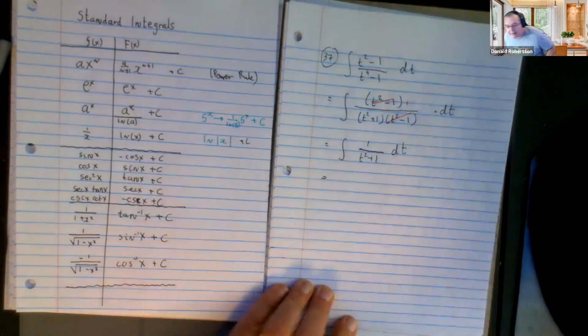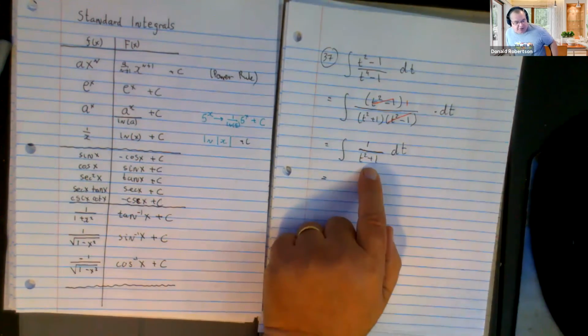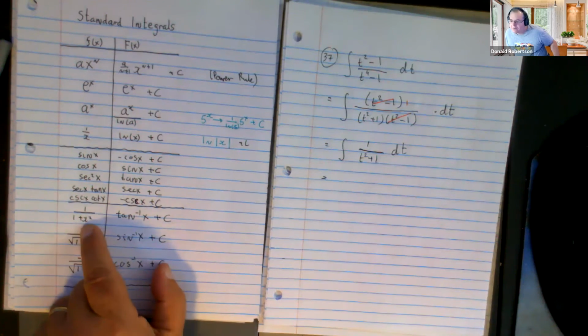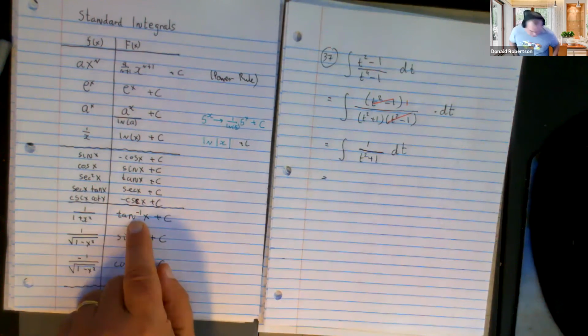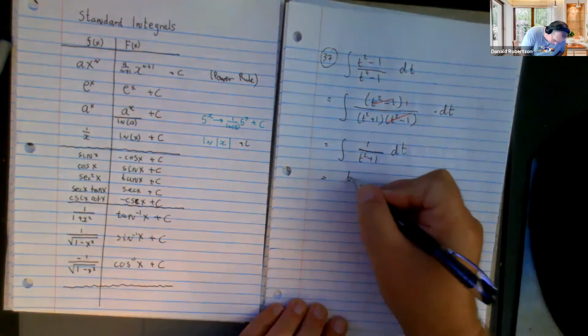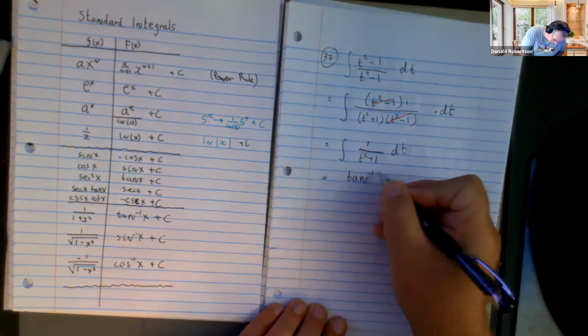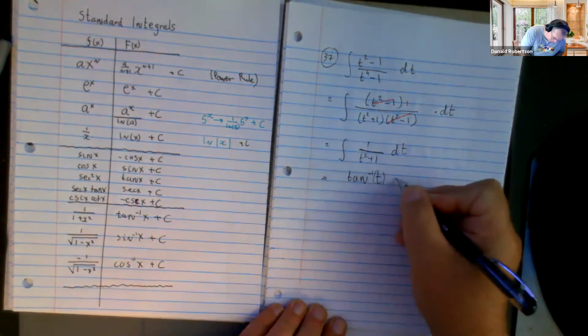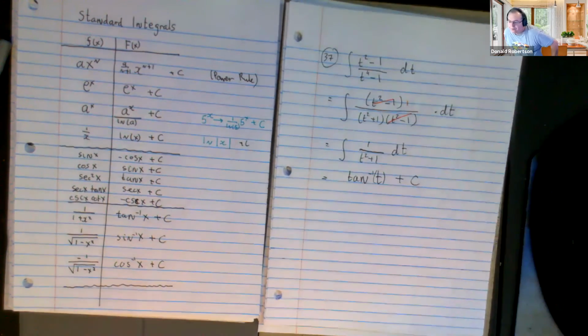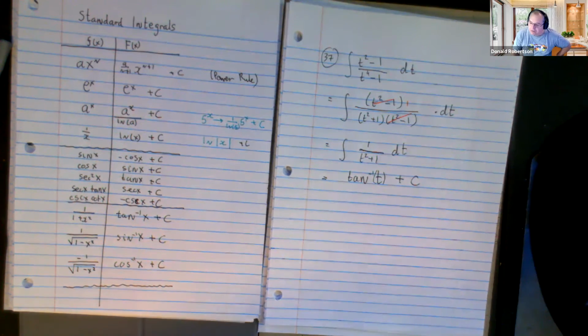But I don't mind that guy, because isn't that guy this one? So I can do its integral. It's an inverse tan of t plus c. Looking good? Where factoring can be your friend.